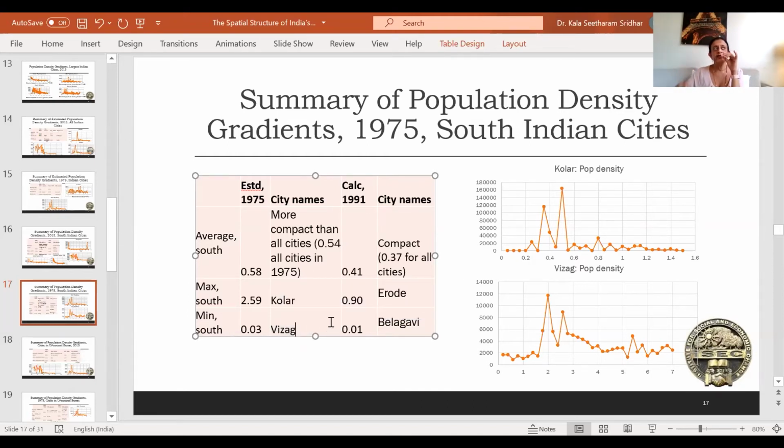For coastal cities, there is a reason why we may expect them to be more suburbanized than the others, because they have geographical constraints, as Professor Green pointed out at the very beginning of this talk. They cannot really expand in the east, but they can only expand in the west. So that is what I think explains the suburbanization of Vizag, whose population density function you see here.